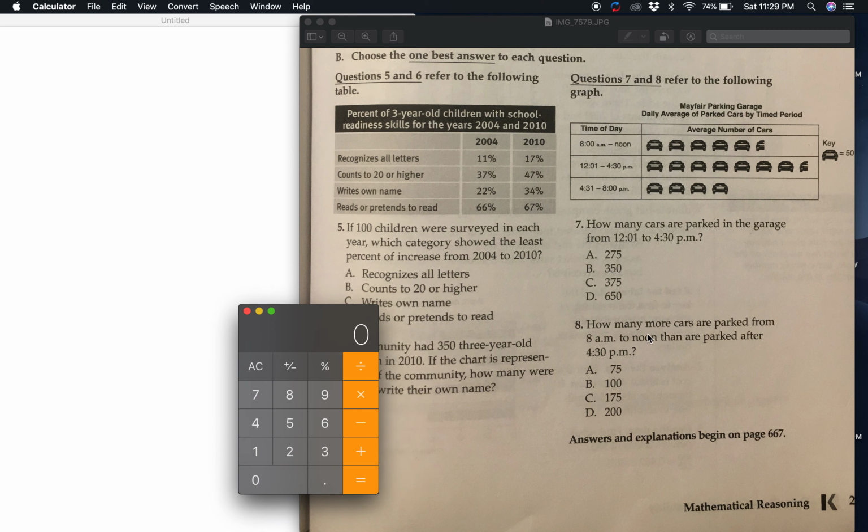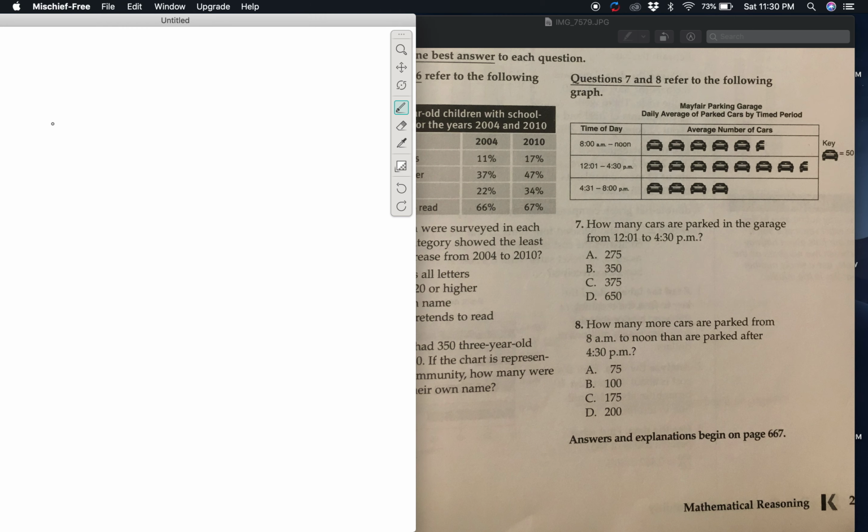How many more cars are parked from 8 a.m. to noon than are parked after 4:30? So 8 a.m. to noon, and here's after 4:30, 4:31 to 8 p.m. Let's see that one more time. 1, 2, 3, 4, 5, 5.5 cars. So 5.5 times 50 equals 275 cars.